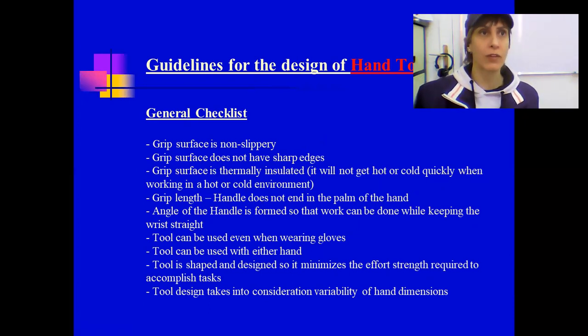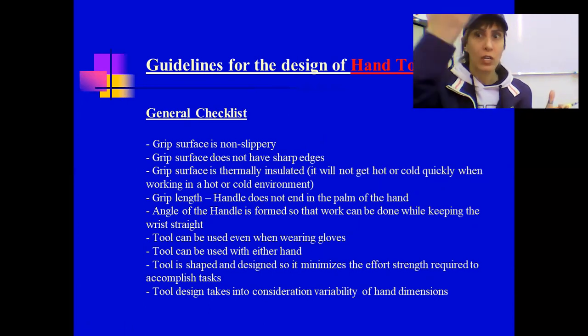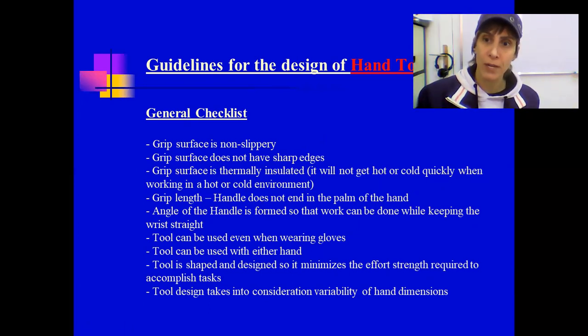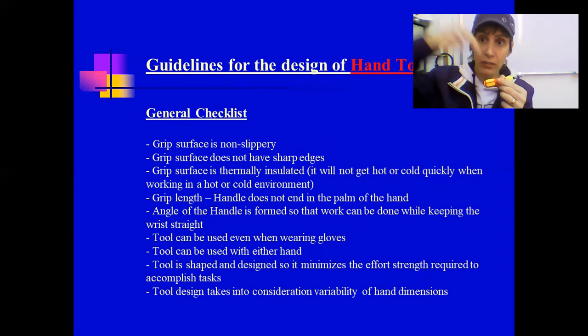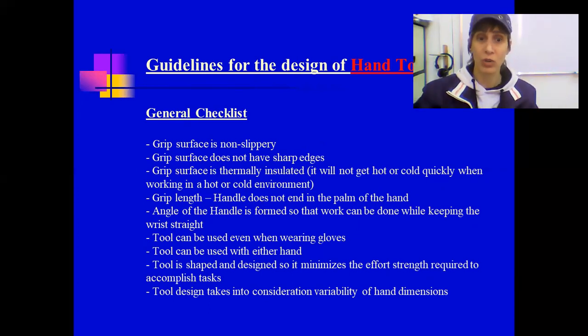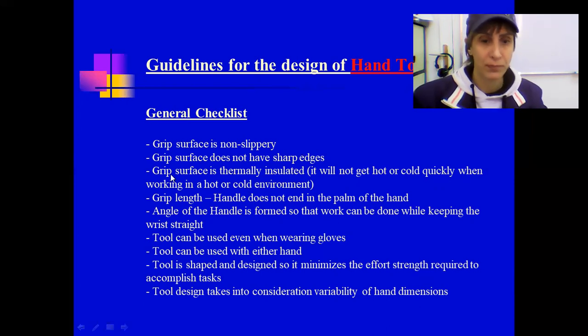Let's say, for example, I work in an environment which is very hot outside in the summer, and my tool is under the sun all the time. So when I touch it, will it be hot? So it should be thermally isolated with correct materials for this environment.